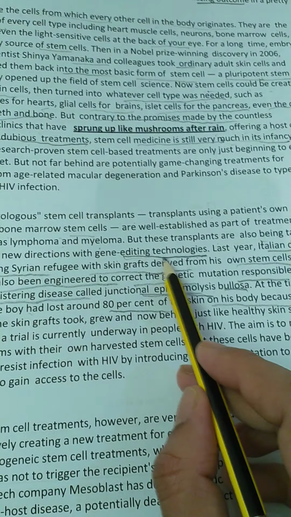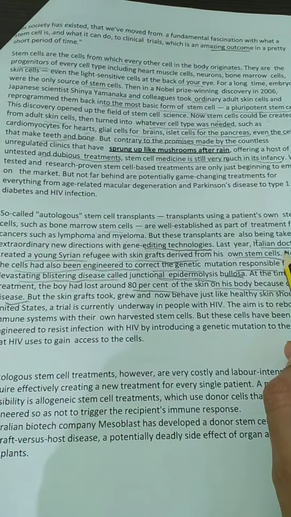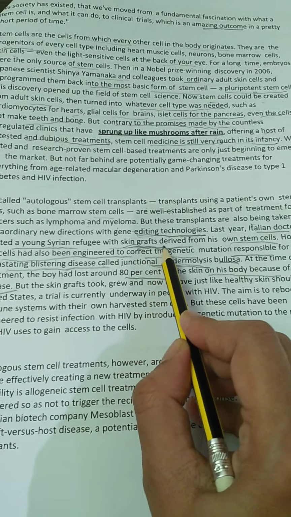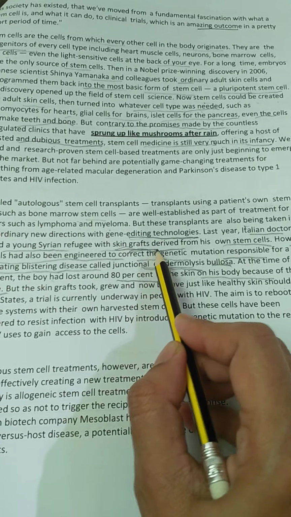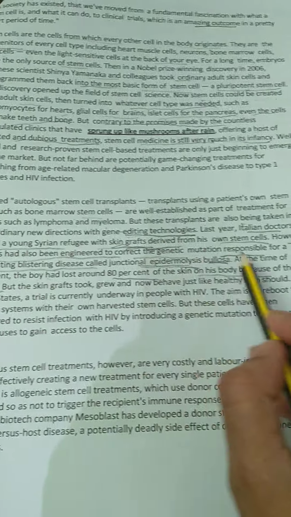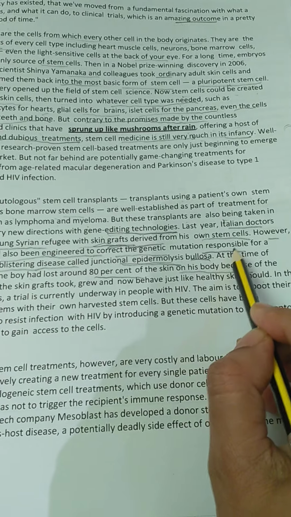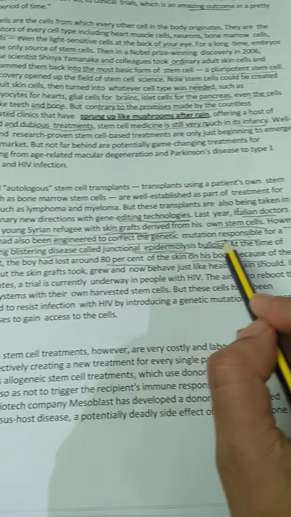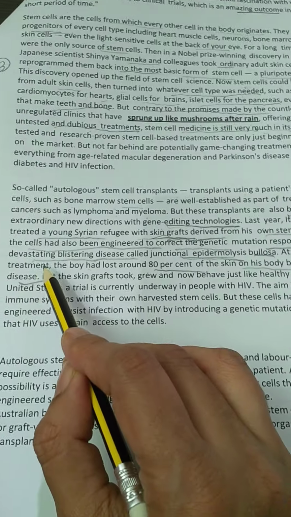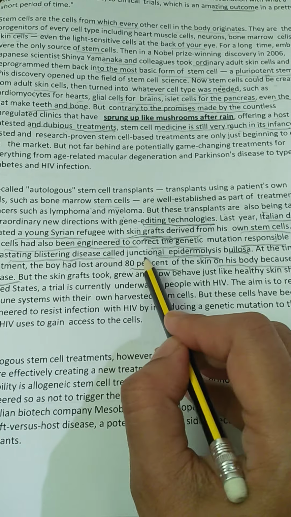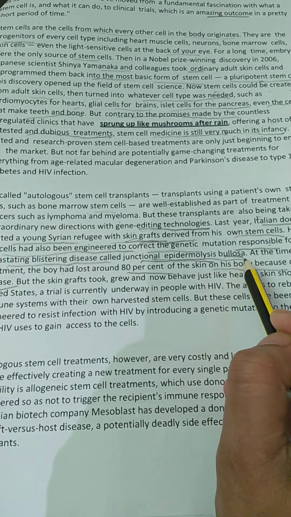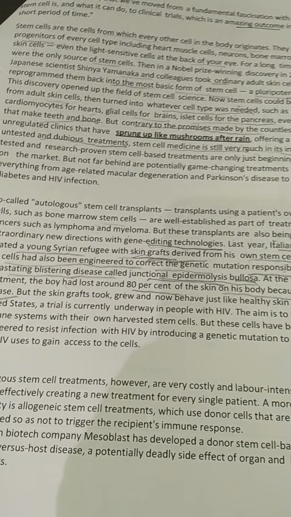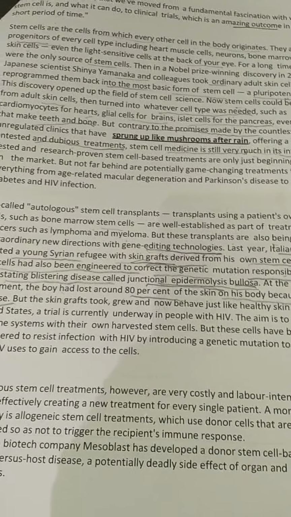Because of the gene editing technology: last year, Italian doctors treated a young Syrian refugee with skin grafts. Skin related, it's called dermatology. And one more thing: however, the cells had also been engineered to correct the genetic mutation responsible for the devastating blistering disease called junctional epidermolysis bullosa. It's all related to skin. So the field is dermatology.